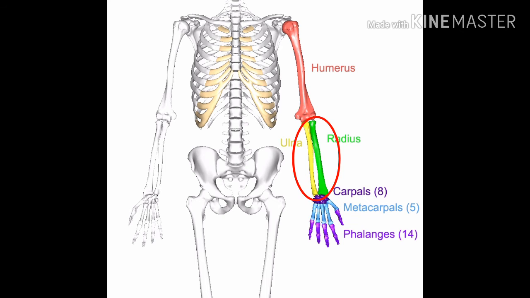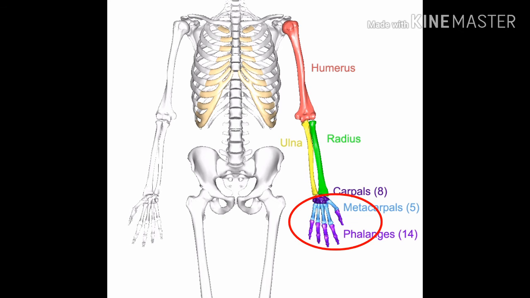Radius. It is triangular in cross-section and marked by lengthwise ridges. Ulna, slightly longer than the radius, has the major responsibility for forming the elbow joint with the humerus.